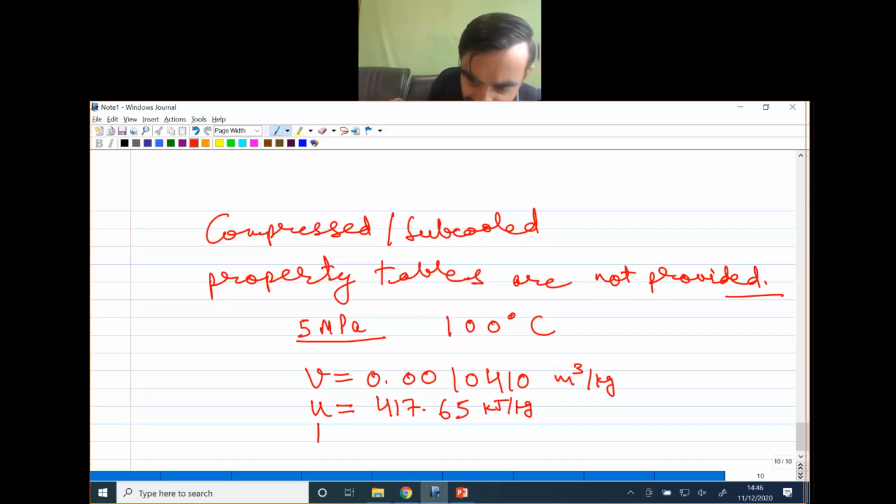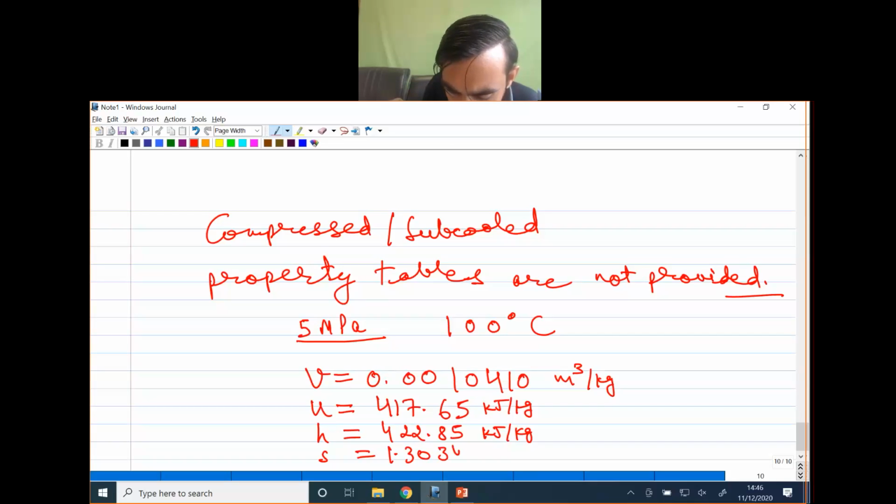The value of enthalpy H is equal to 422.85 kilojoule per kg. And the value of entropy S is equal to 1.3034 kilojoule per kg Kelvin. Okay, so these are the properties corresponding to 5 megapascal and 100 degrees Celsius.